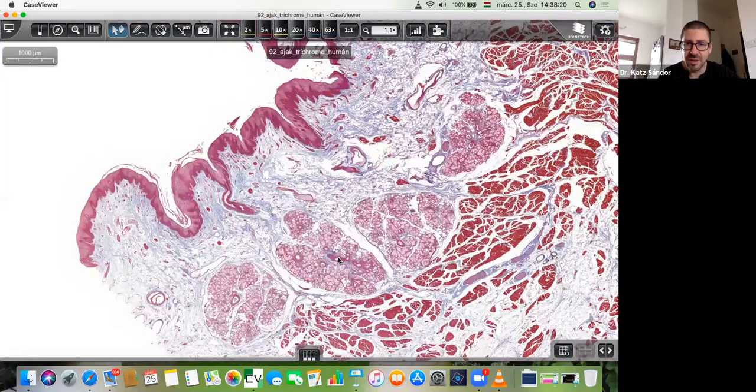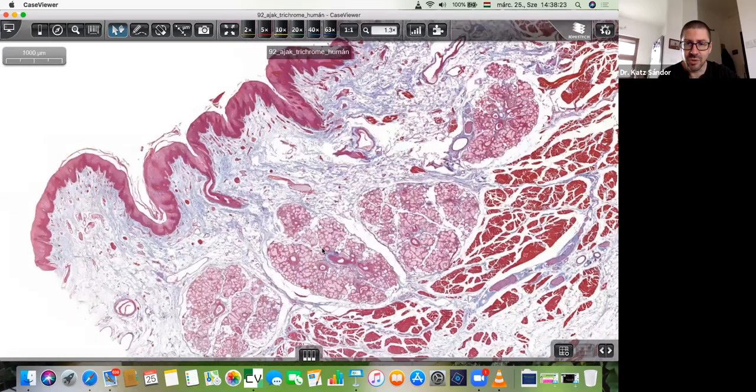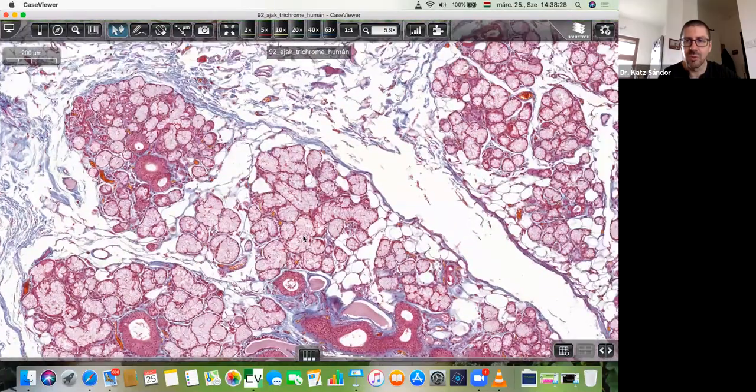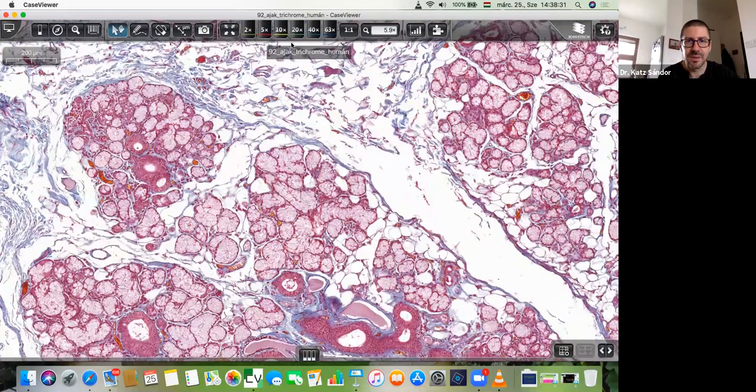What we have are glandular portions, mainly mucus acini, so-called labial glands. These are the labial glands, mainly mucus glands, but among the mucus glands we can find some serous ones.